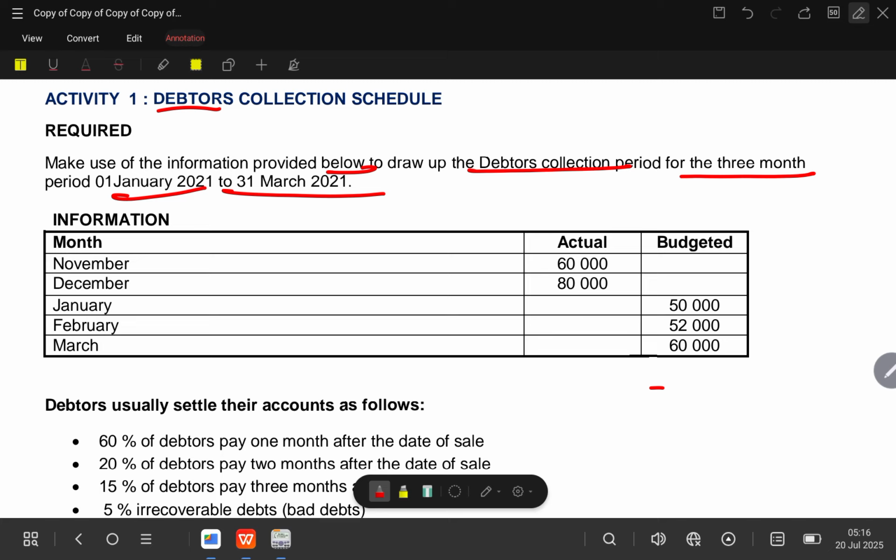So actual sales, you will only use for the months that were outside our budgeted period. For example, if the credit sales took place in November, they won't give me budgeted sales, they will give me actual sales. So you need to know when to use them.